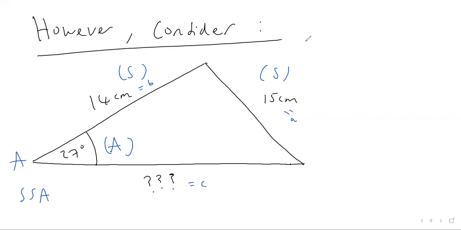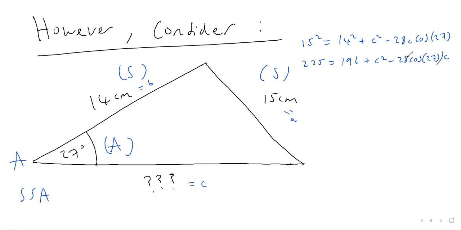So we get a squared, which is going to be the 15 squared, is equal to B squared, so the 14 squared, plus C squared, which is what we want to find out, minus 2 times B, which is 2 times 14, so 28, times C times cos 27. We can then rearrange to get a quadratic. So 15 squared is 225, 14 squared 196, plus C squared minus 28 cos 27 times C, like that.